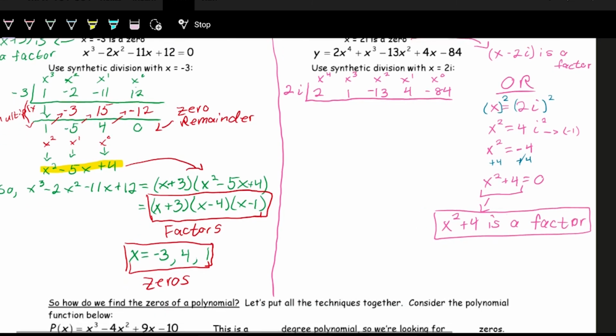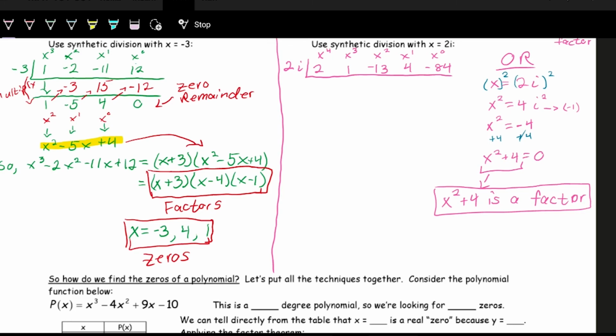And if x squared plus 4 is a factor, what that means is that we have another associated zero. If we actually solve x squared plus 4 equals 0, we subtract 4 on both sides, and we have x squared is equal to negative 4. Then to solve for x, we apply the square root, which cancels out the squared.